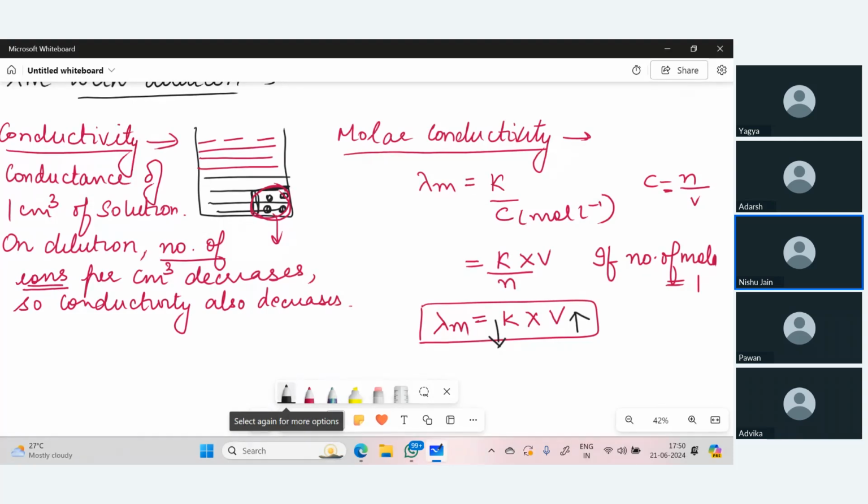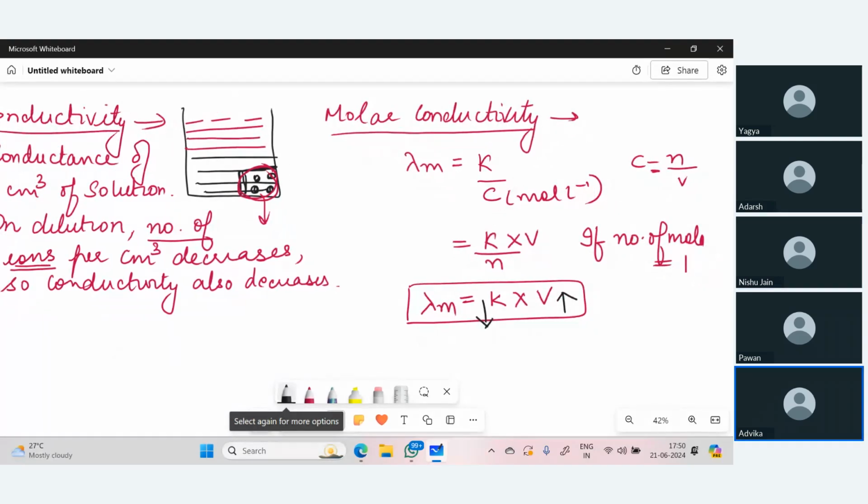Advika, what should be the net change in lambda m? Should it increase or decrease? Increase. So we can say that lambda m increases with dilution. There is a decrease in conductivity and increase in volume, but the volume increase is much more as compared to the decrease in conductivity. So lambda m value increases on dilution.